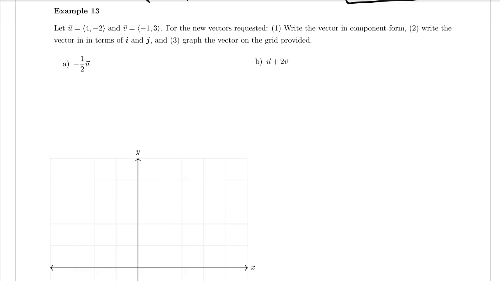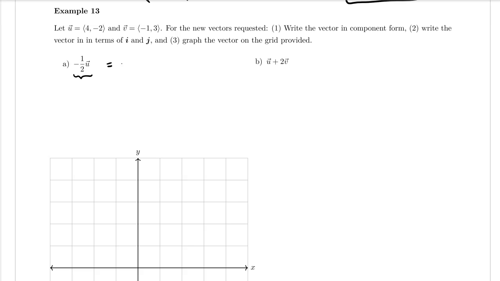Example 13 says, let's look at the vector u and vector v. For the new vectors requested, 1, we want to write the vector in component form, 2, write the vectors in terms of i and j, and 3, graph the vector on the grid provided below. So we want to look at the vector negative 1/2 times vector u. So let's write that in component form first.